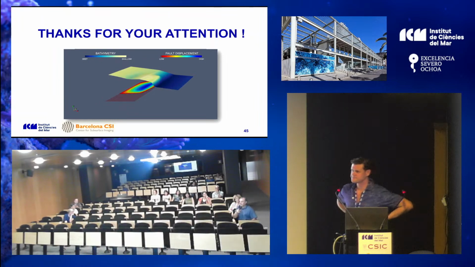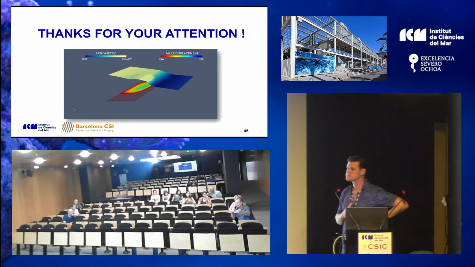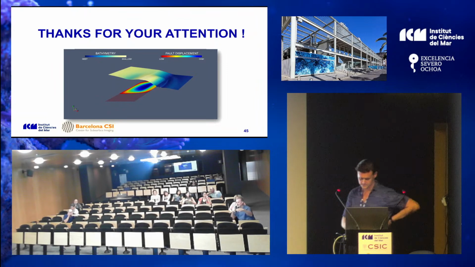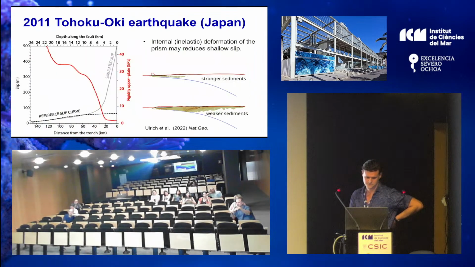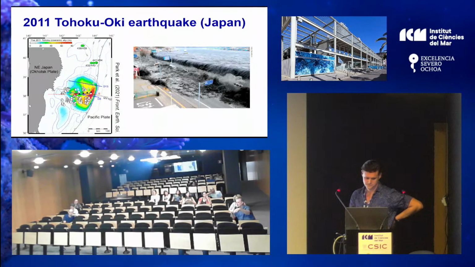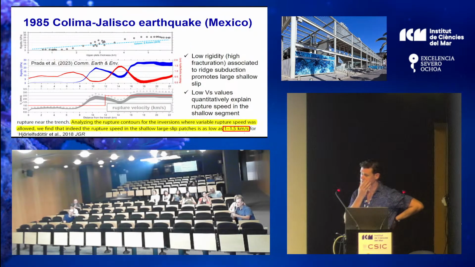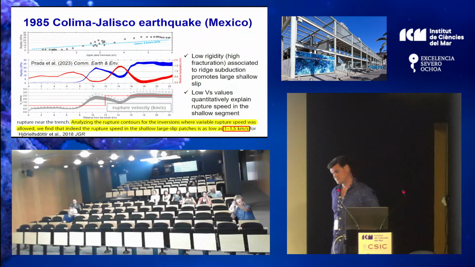Manel, thanks for the talk. It was very illustrative. I really enjoyed the talk. I'd like to ask you, you mentioned these subducting features. I was going to say seamounts, but in your work you mentioned these ridges, and that there are changes in rigidity associated to those subducting features that you interpret as the upper plate being more fractured.